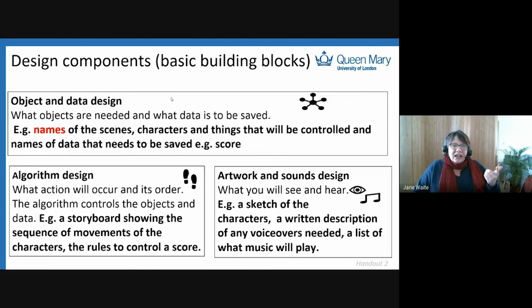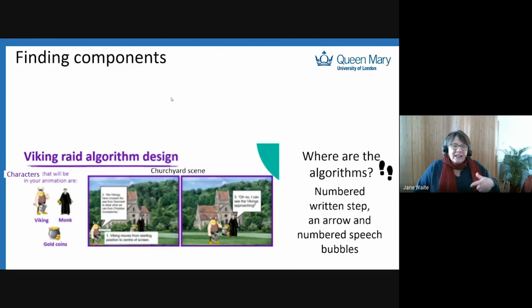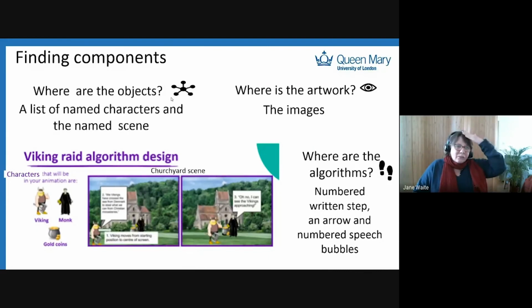And in action, if we look at Viking Raid, which is a Barefoot activity, the algorithms are the numbered steps and the speech bubbles that are numbered and the arrow that's on the design. The artwork is just the images that have been used, and the objects are the names of the characters. So you can see here on Viking Raid, there's a Viking, a monk, and some gold coins, and the name of the scene, a churchyard scene.